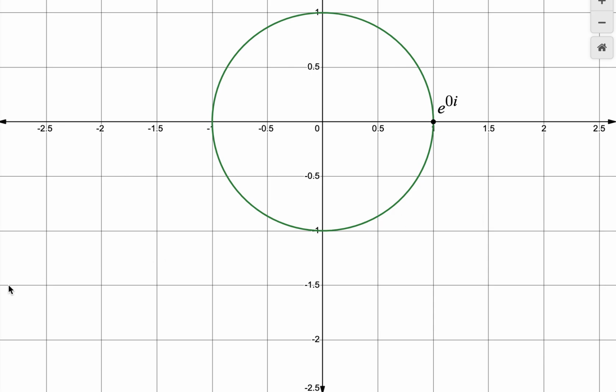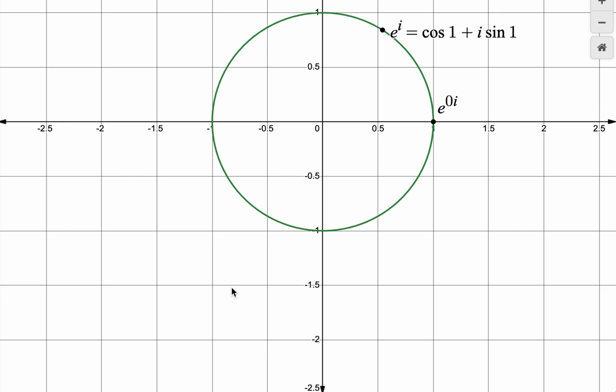If I change the theta to 1 radian, then according to the trigonometric ratio, where should it be? The x coordinate should be at cos 1 and the y coordinate should be at sine 1.